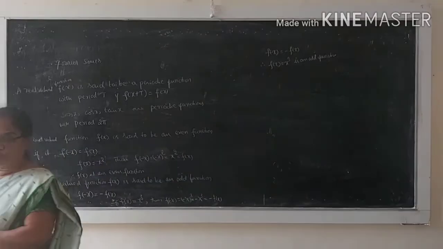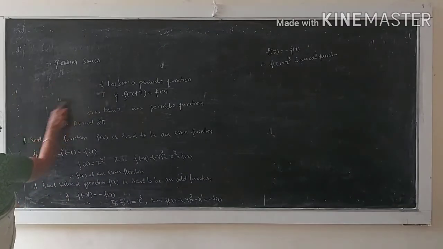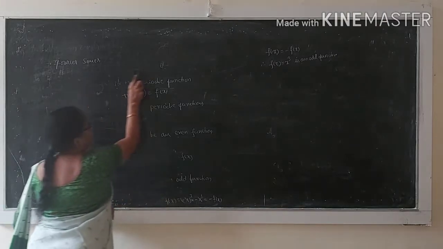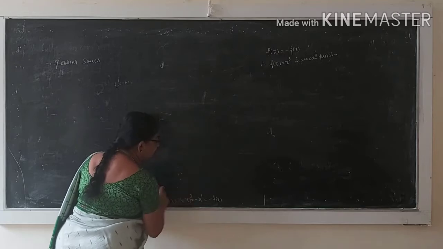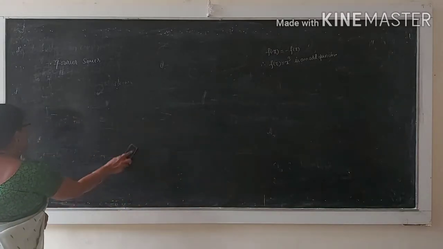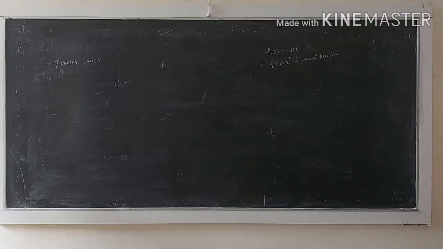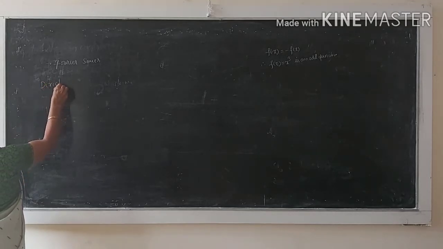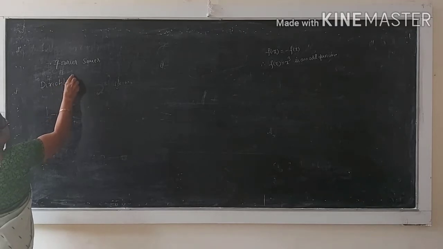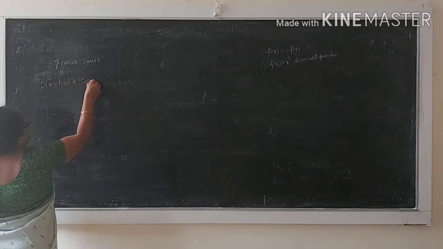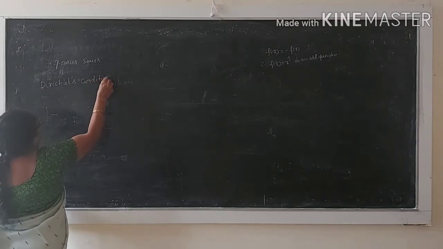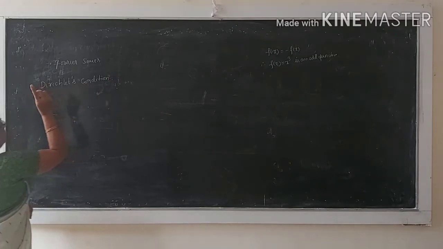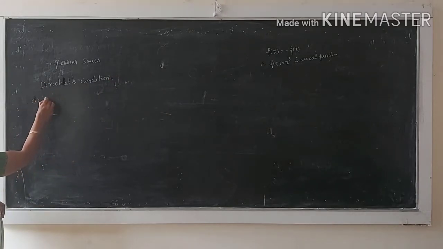Now I come to the basics of the Fourier series. If a function f of x satisfies the following conditions, which are called Dirichlet's conditions. What are those Dirichlet's conditions?